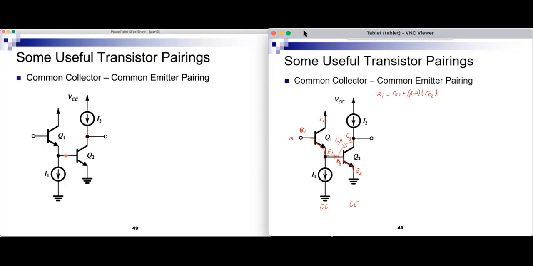Why is that? Because here I have the resistance looking into the emitter of Q1, and a few slides back, we mentioned that this is a very, very small resistance. So if I'm looking back into the emitter of Q1, I see a very small resistance. And C mu sees an R x y, which is this resistance plus g m 2 times this resistance times this resistance.